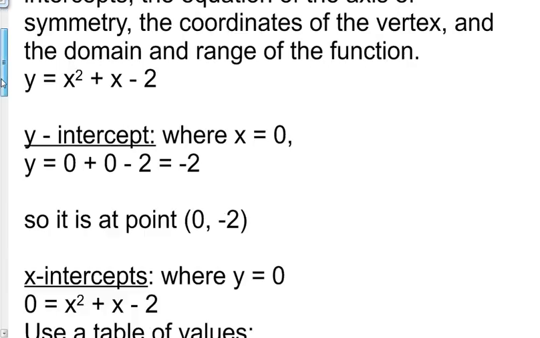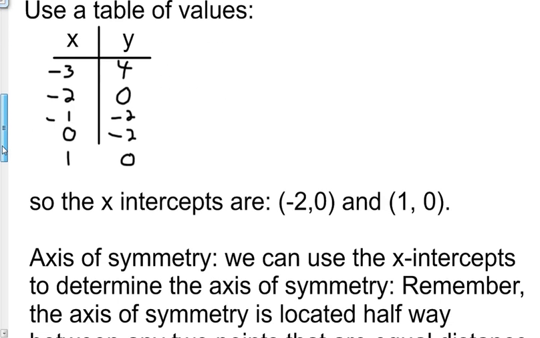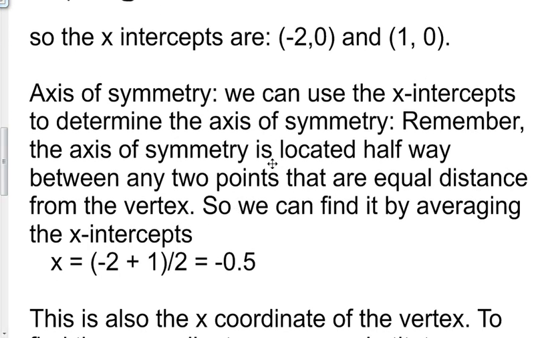That makes it pretty easy to find. So I can find it by averaging the x-intercepts. So x is equal to negative 2 plus 1, divided by 2, so my x is going to be negative 0.5. That is the equation for my axis of symmetry.